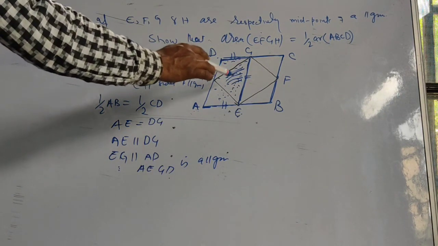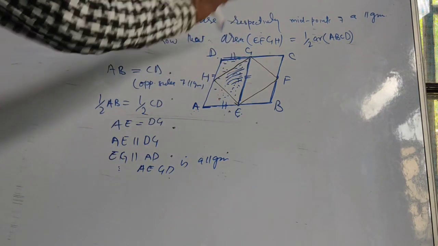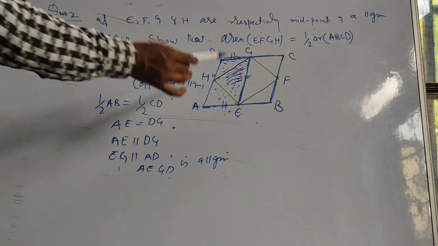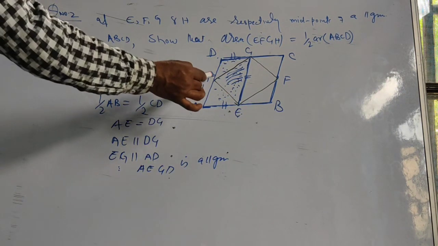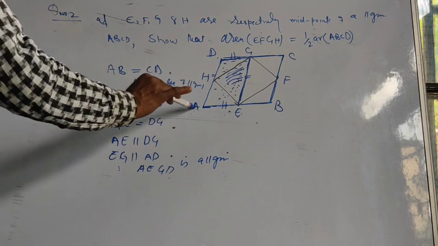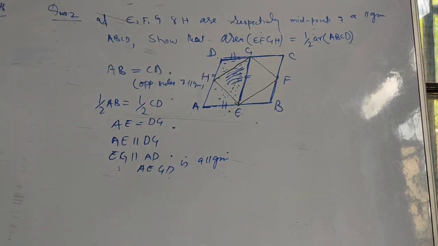When a triangle and a parallelogram are on the same base and between the same parallels, area of triangle is 1/2 area of parallelogram, because the area of this triangle EGH is 1/2 area of AEGD. Why? These are on the same base and between the same parallels, as I told you yesterday in the introduction.